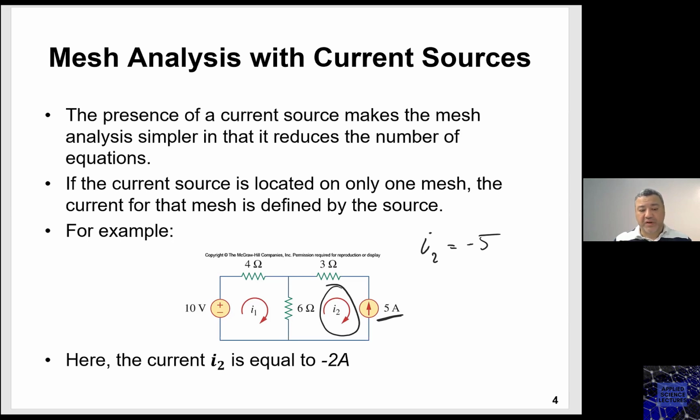So I2 is not variable anymore. Why? Because my variable I2 is going in this mesh, however, I have a current here that is already defined and going this way, and my I2 is going in the opposite direction. Okay, in this case, I2 now is known.